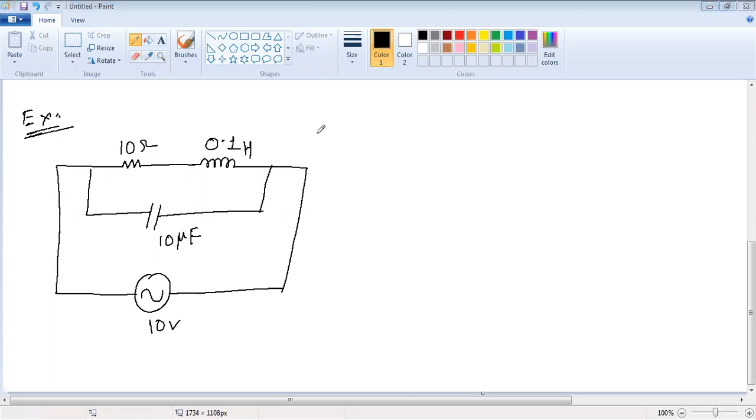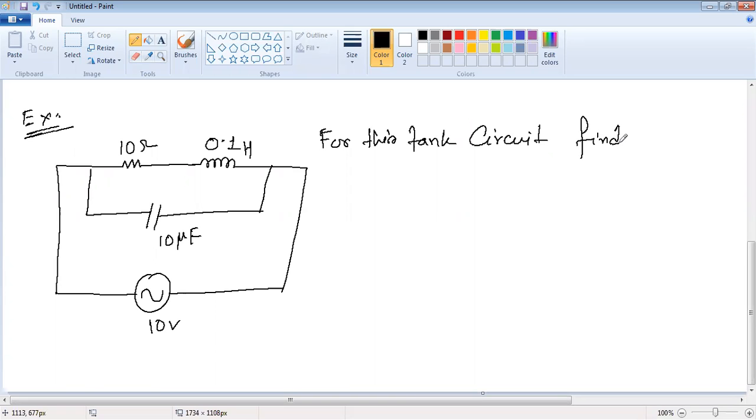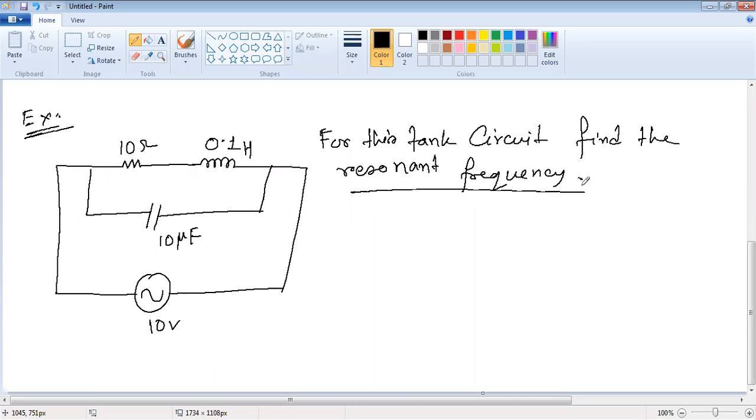So for this circuit, find it out. Very simple.